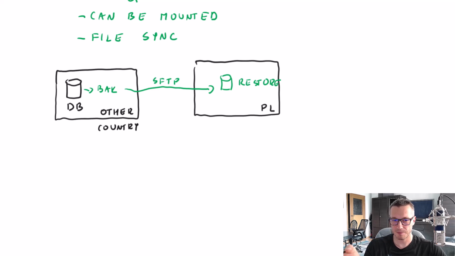And as a result, the backup of database was not copied over the network. And it was quite a pain in the neck. And actually, one of the best methods to solve this, or temporary workarounds, was to fly to this other country, just take a disk drive with you, copy manually the backup there, and fly back to Poland, because that was more reliable than just copying the data over the network.